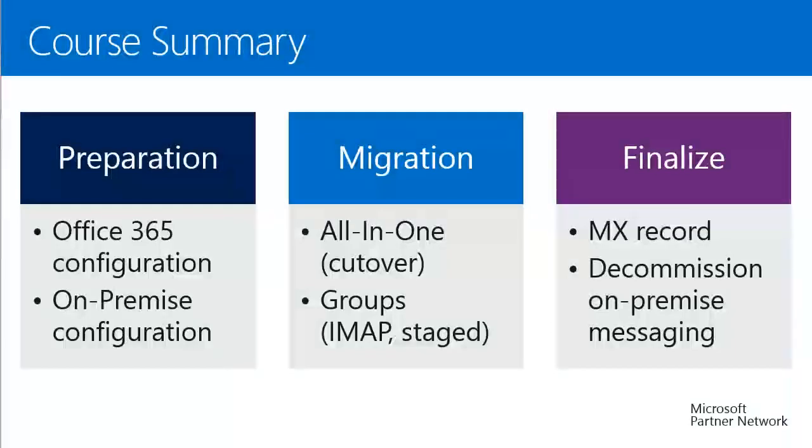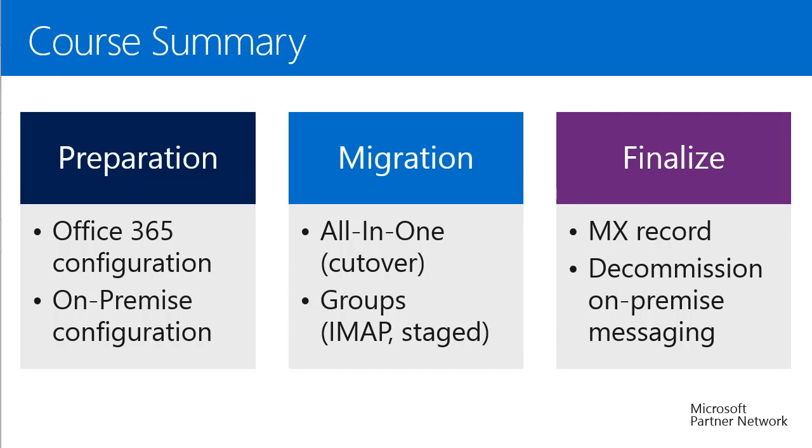So after this demonstration, the key takeaway is that we have some kind of preparation phase, we have the migration phase, and also we have the finalize phase in each of these migration types. During the preparation, keep in mind you need to do some activities on the Office 365 portal, and also you need to configure your on-premise system and prepare it for the migration.